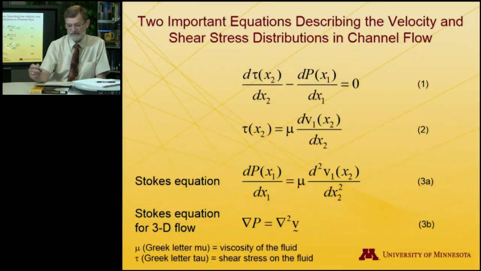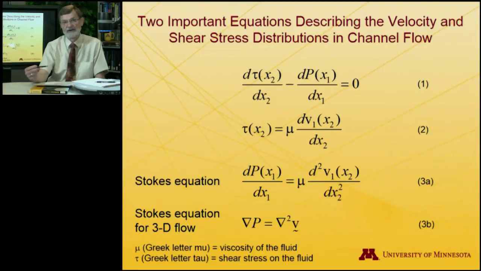So the math starts here, and this is exactly what we built on last time when we talked about channel flow. We have two equations. The first equation describes the relationship between a gradient in the shear stress and the pressure gradient in the system, that they have to balance each other. So this was the force balance equation.